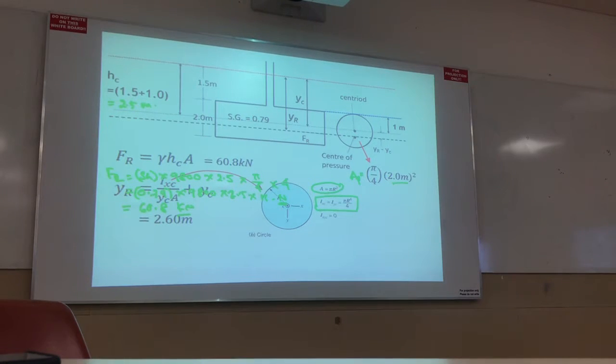So from there I can calculate YR, which is YC, 2.5, plus I xc divided by YC times area: pi by 4 times R, which is 1, to the power 4, divided by 4, and 2.5 times area, pi by 4 d square. Then I can get YR as 2.6 meter. Very simple.